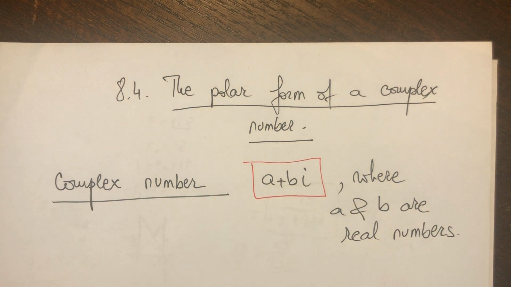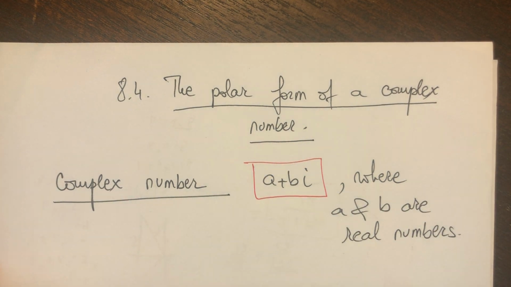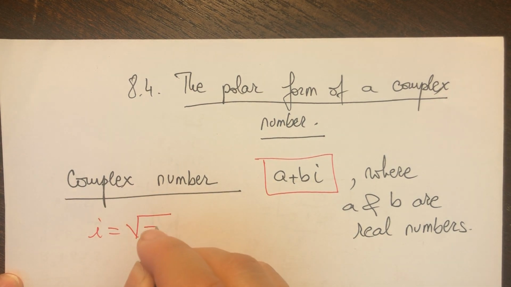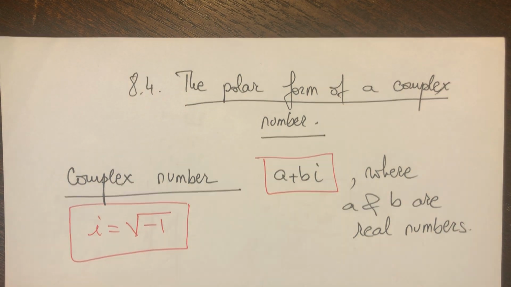So a and b are given real numbers, and i is the imaginary unit. One more time, where does i come from? The definition of i is that it equals the square root of -1.